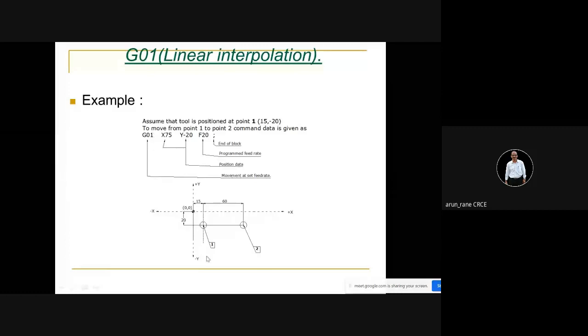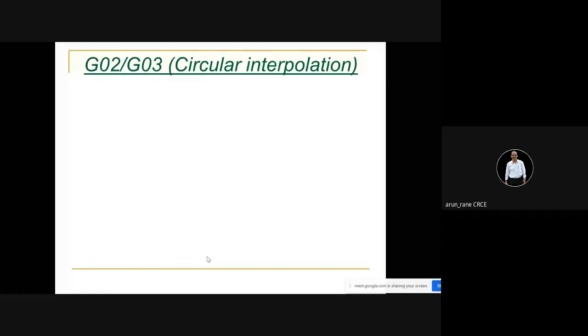Then G02 and G03 are called circular interpolation, and this follows the mathematical model x square plus y square is equal to r square.